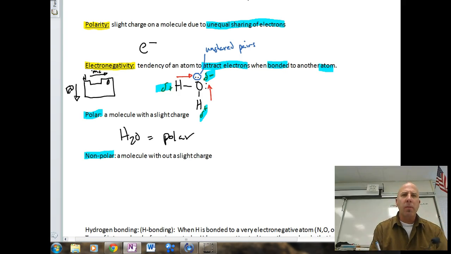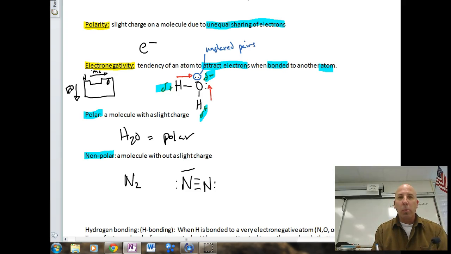Now, a perfect example of a molecule that is nonpolar would be something like diatomic nitrogen. Now, what happens in diatomic nitrogen? Nitrogen forms a Lewis structure just like this, with a triple bond in between the two nitrogens, unshared pair of electrons on each nitrogen. And we have a tug-of-war here for electrons. Both of the nitrogens want all 8 electrons around them.